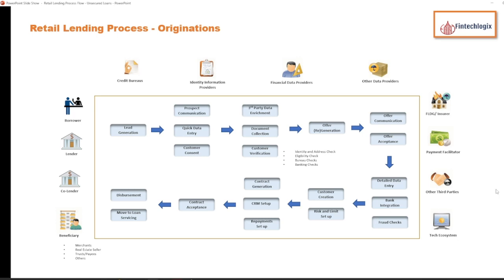You will do proper accounting. From this tech system, credit bureau notification also has to go every month. So a very complex tech ecosystem is also required, which acts like a bridge between all these stakeholders to facilitate lending in a seamless manner, right? So this is basically the loan origination that happens.